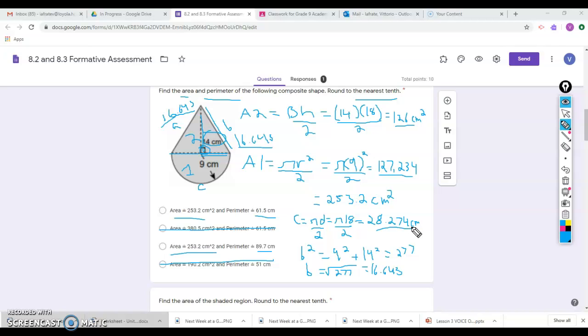So 28.274 plus 16.643 plus 16.643, and that gives us 61.5. Make sure you round to one decimal place, to the nearest tenth.